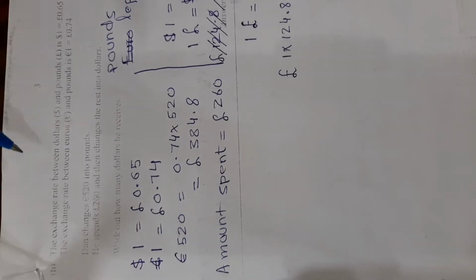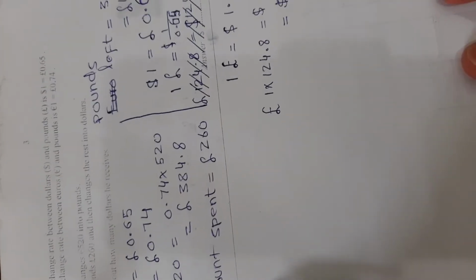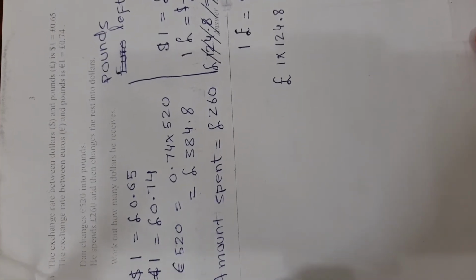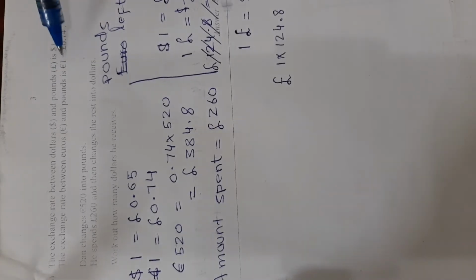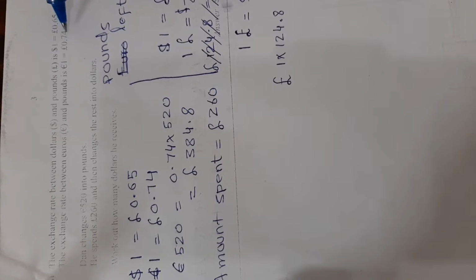So part B is, the exchange rate between dollars and pounds is $1 equal to 0.65 pounds. The exchange rate between euro and pound is 1 euro equal to 0.74 pounds.